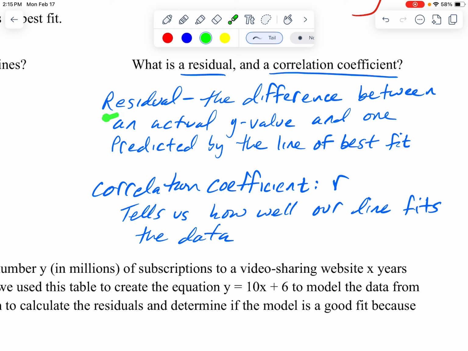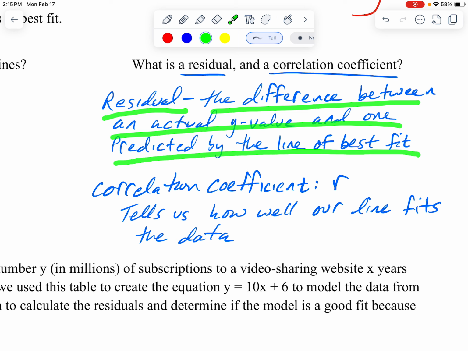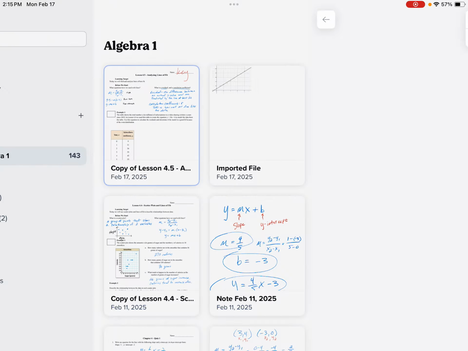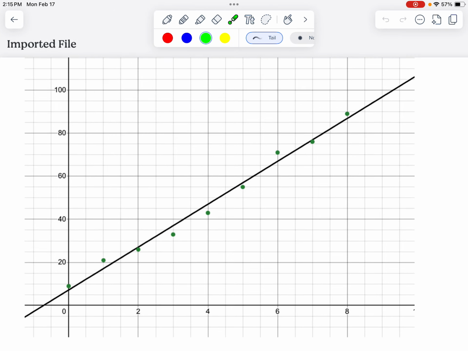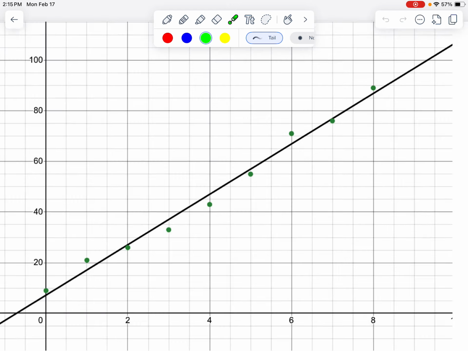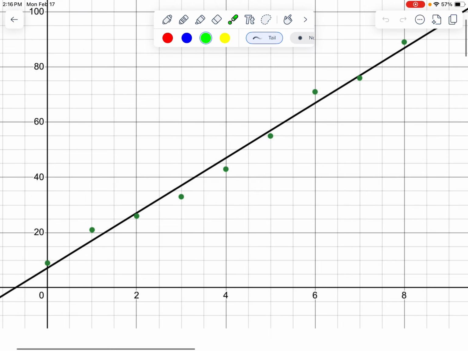So a residual is the difference between an actual y value and one predicted by the line of best fit. So, for example, if this is our data, so these green points are data, and the black line represents a line of best fit, notice we may have some points that are directly on the line, but usually there's this difference.